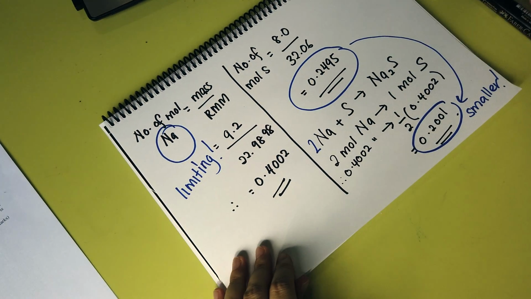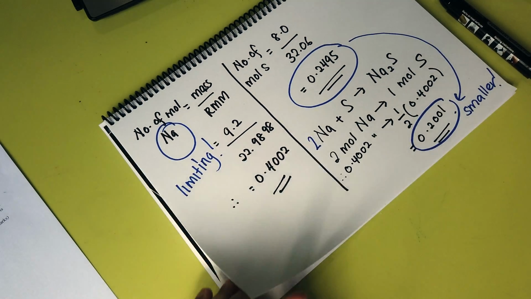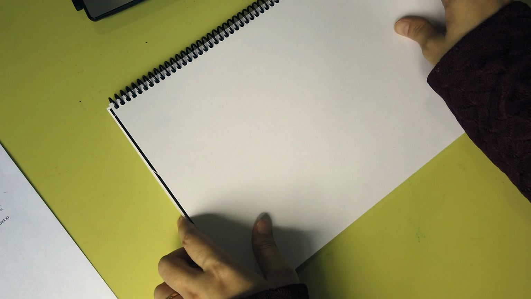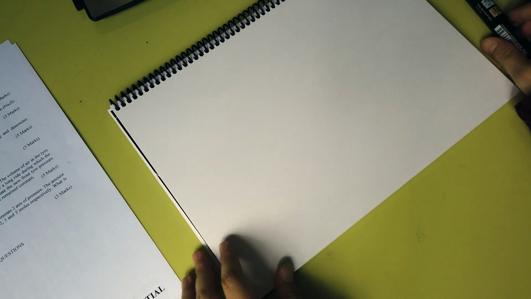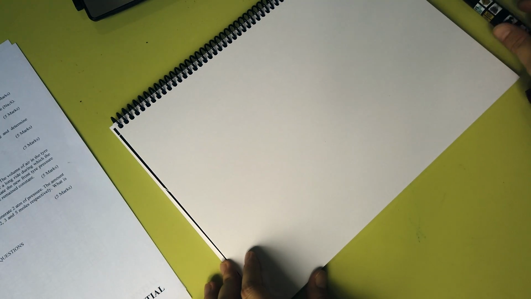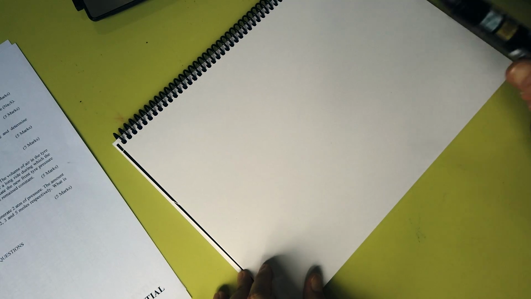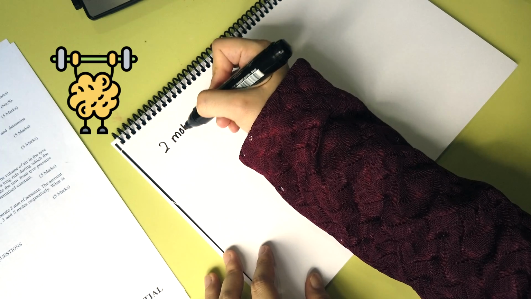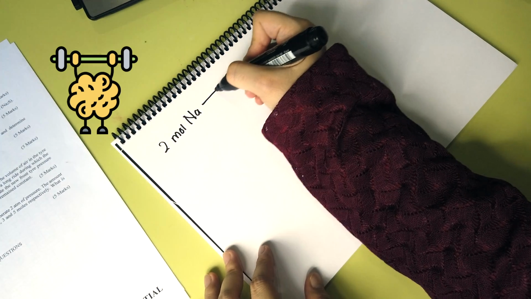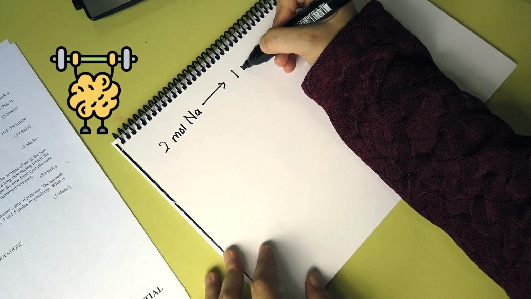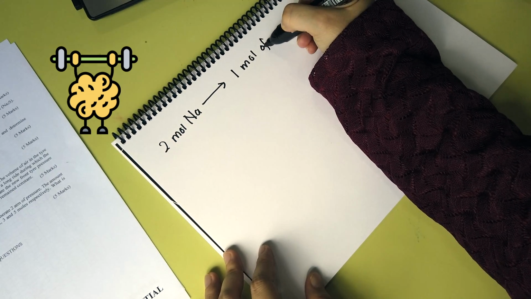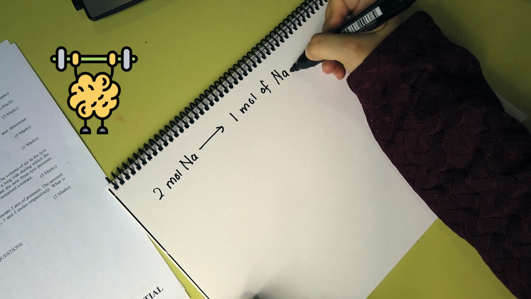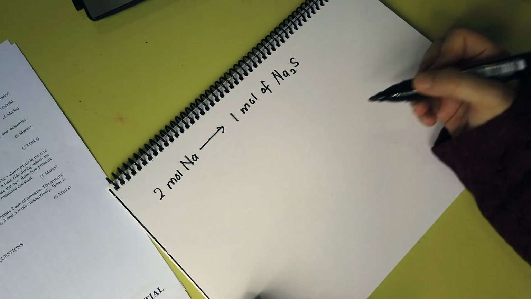Since we already know the limiting reagent, we can calculate the product. From the equation we have done just now, we can say that 2 mole of sodium will produce 1 mole of Na2S.